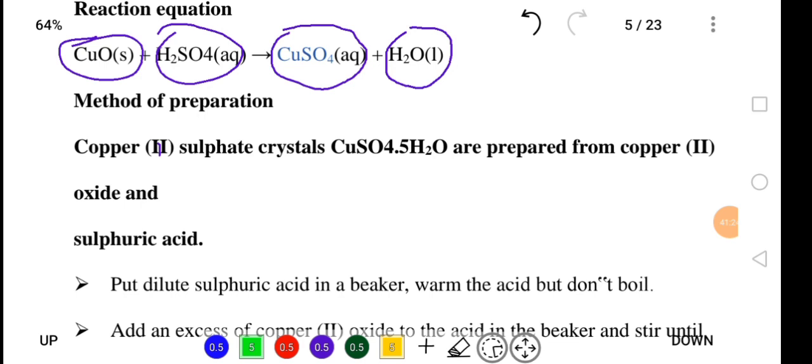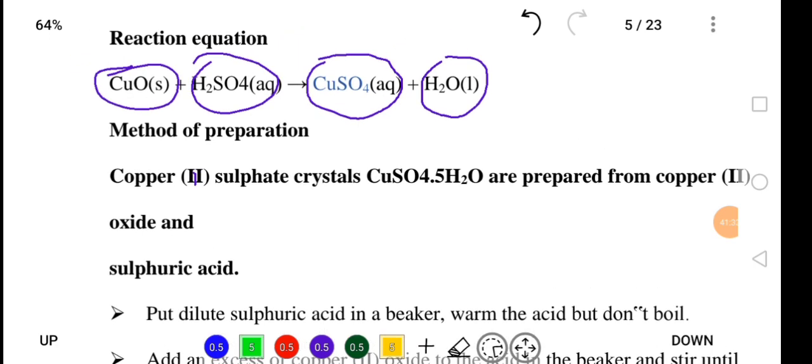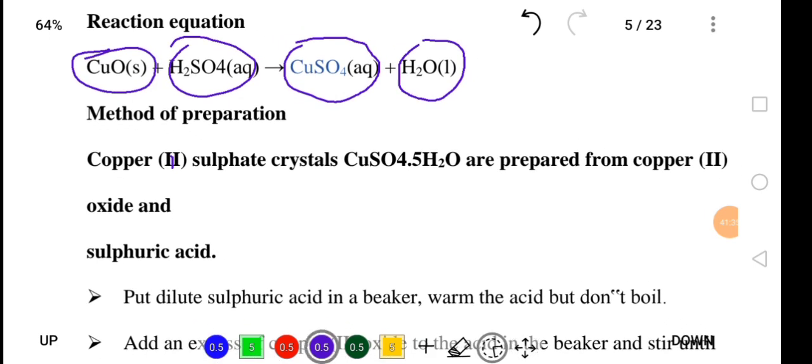When we say hydrated copper 2 sulfate in solid state, it means we need to convert this aqueous substance we have formed here. For example, this copper 2 sulfate we have formed is in aqueous state. Now, this aqua means there is water.